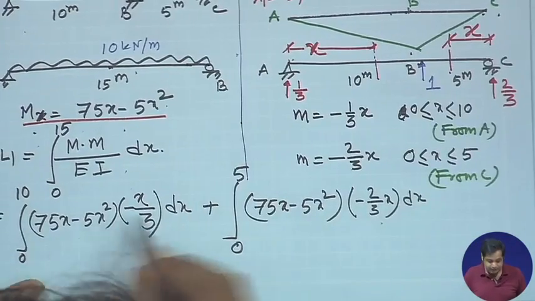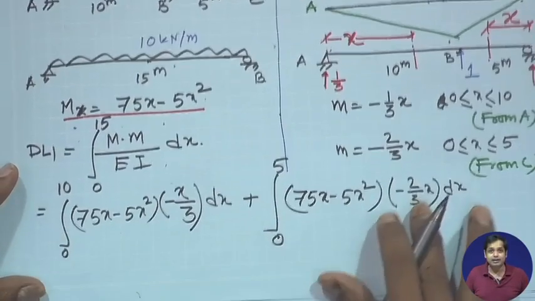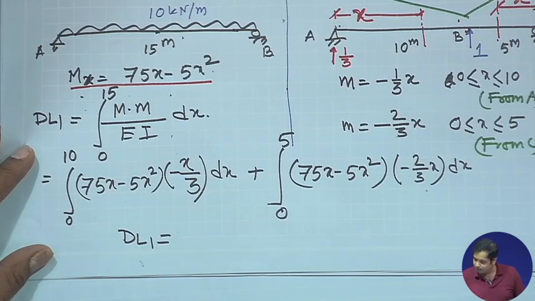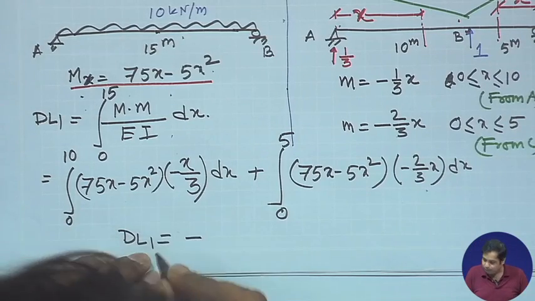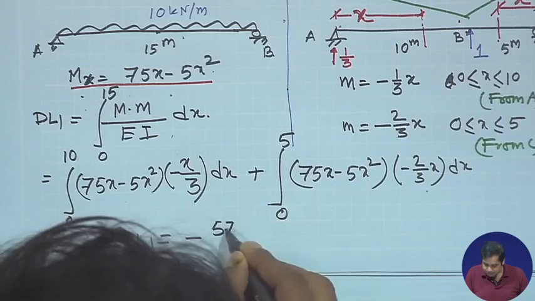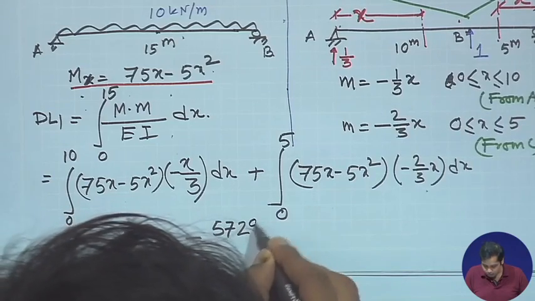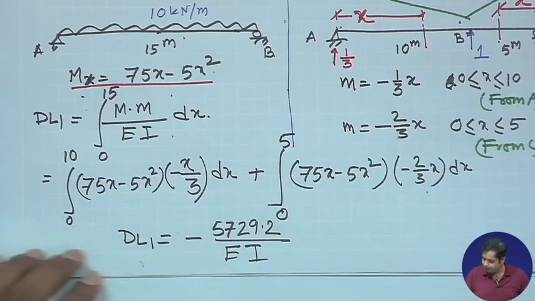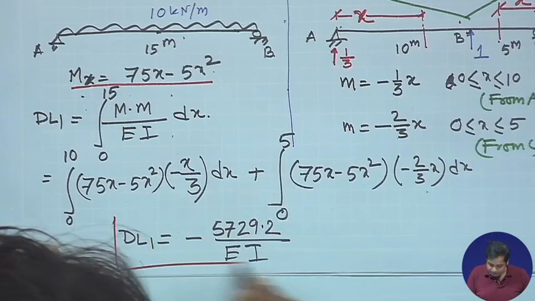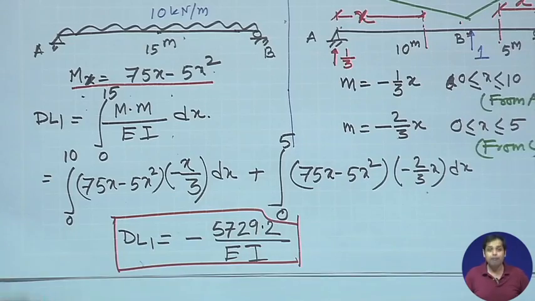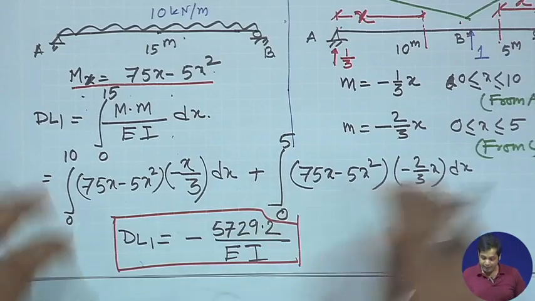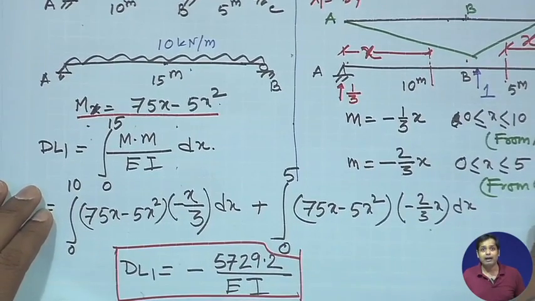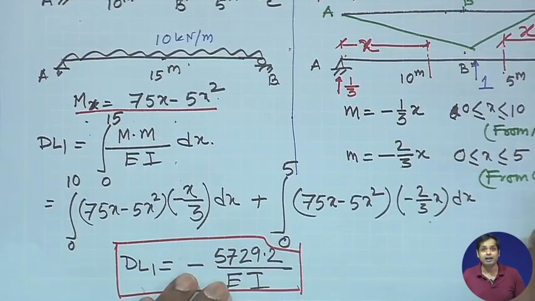So, this is dl1, and if you do this integration, the value you get is dl1 equal to, I am not doing this integration here, minus 5729.2 by EI. Okay. So, this is the displacement in the primary structure due to the external loading, and this displacement is in the direction of redundant force. So, this is dl1.